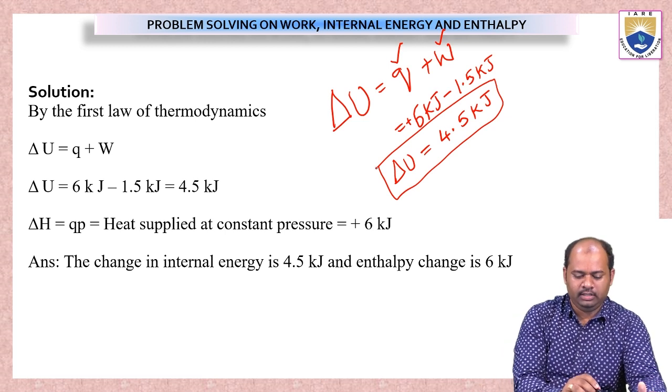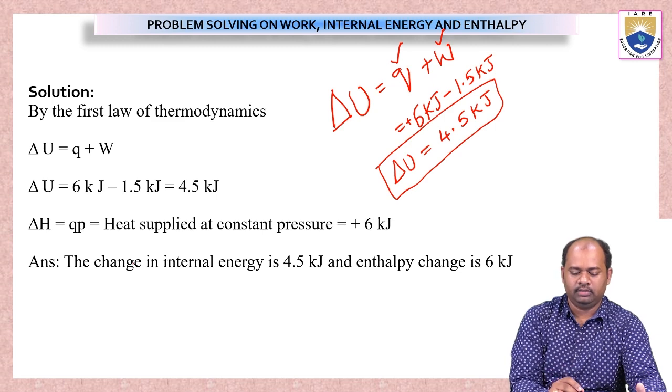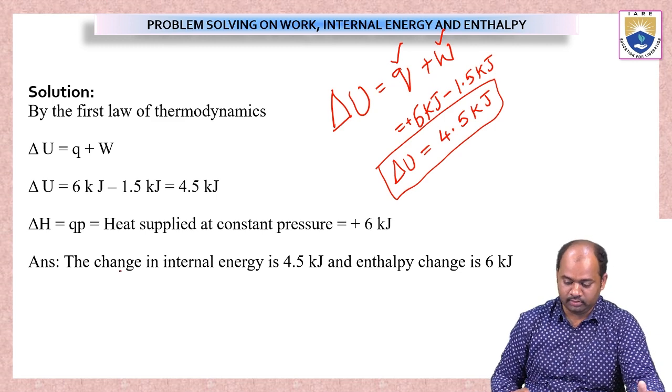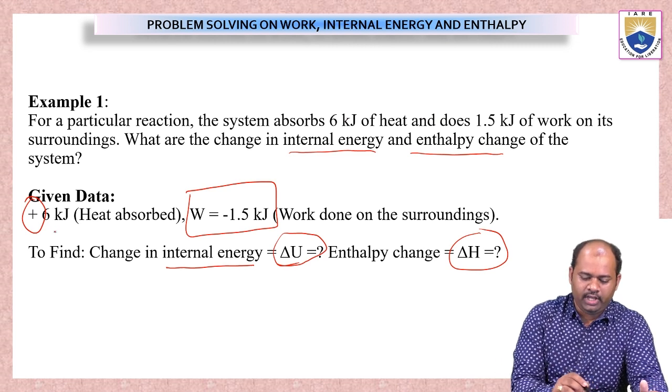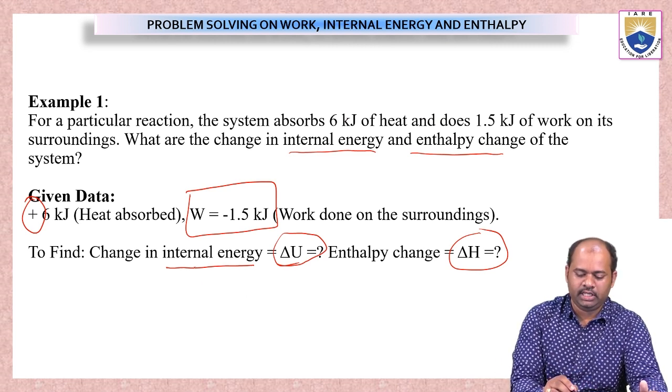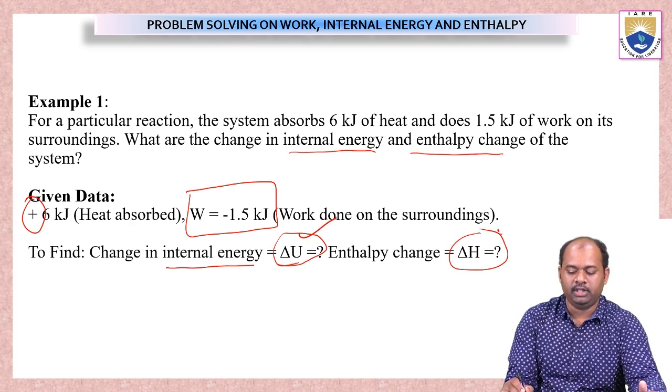And then delta H, we have to calculate another thing. So let us go back to the question. Here we have to calculate two things, change in internal energy, that is delta U, and enthalpy, delta H also.